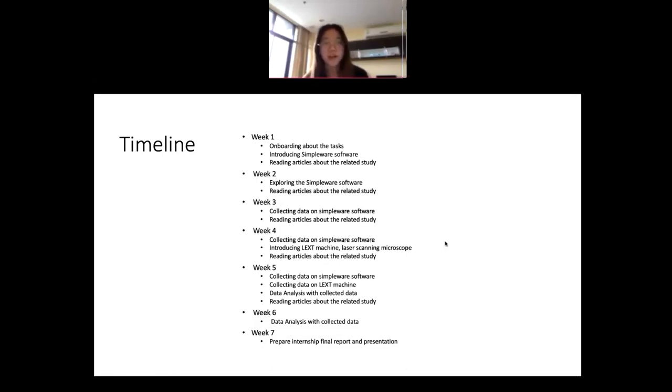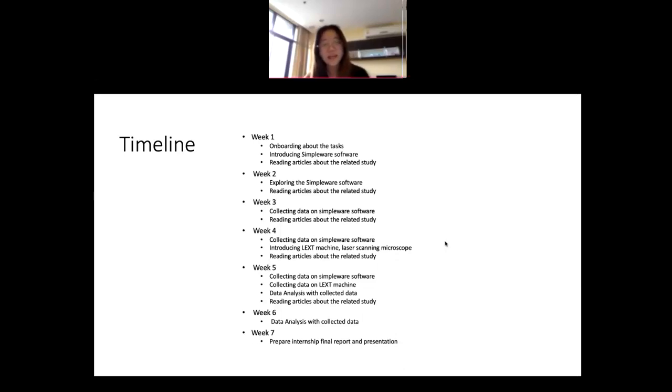And on week 4, I continued collecting data on that software and then was introduced to one more machine, Lex, which is a laser scanning microscope, to collect data as well. On week 5, I continued collecting data on both machine and software, and then started a little bit of data analysis with some of the collected data.